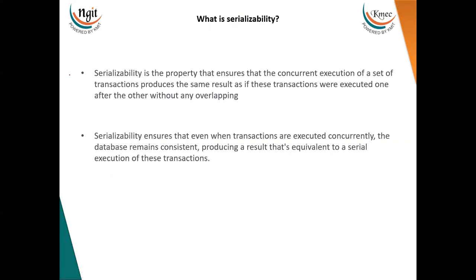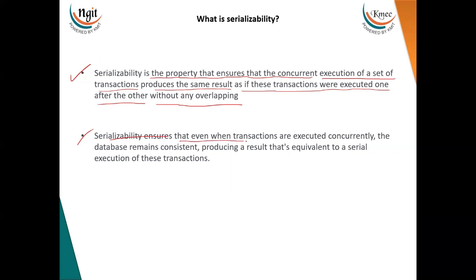What is serializability? So far we have seen different types of schedules, that they are serial or non-serial. Clear? Now here we are going to define serializability. It is a property that ensures a concurrent execution of a set of transactions produces the same result as if these transactions were executed one after the other without any overlapping.